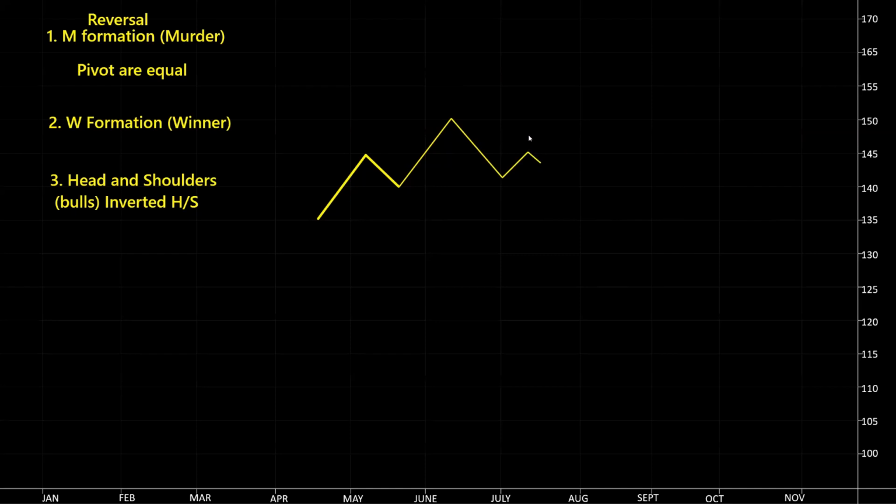This is your first one. This is pattern number one. Do I short it when it lowers resistance, or do I short it when it breaks support? Which one? The lower level of resistance or the violation of support?